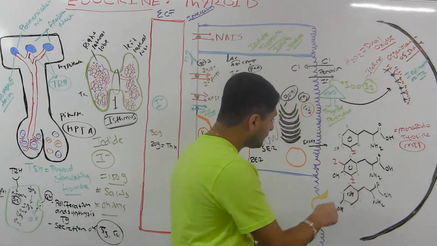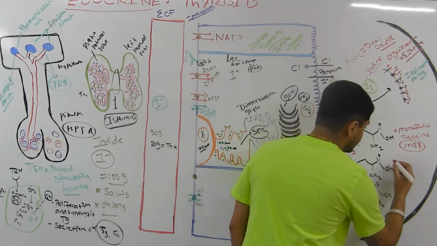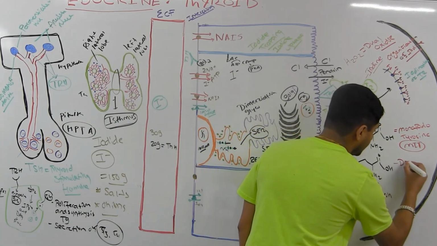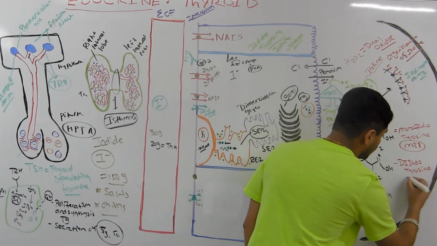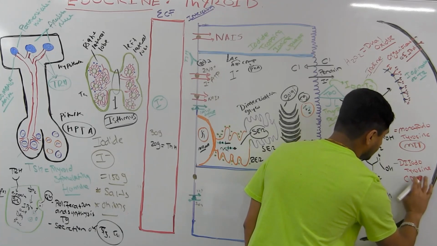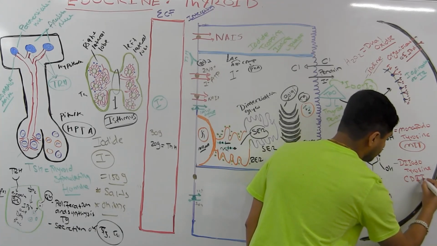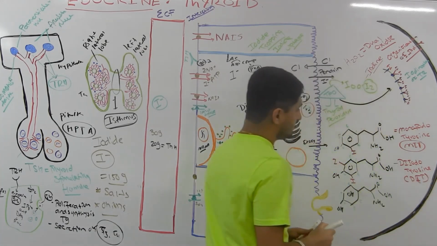That's what happened, right? Because of 2 I, we call this a diiodotyrosine. That's what it is. Or they call it a DIT. It's a DIT.